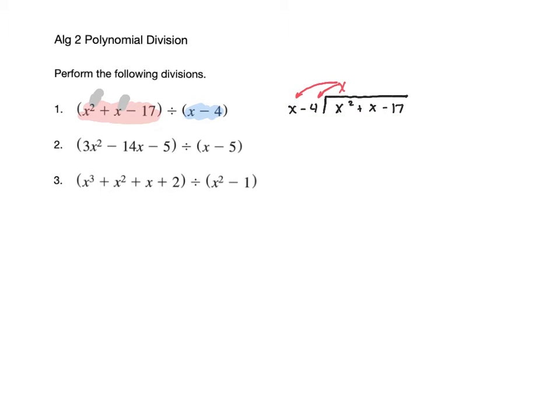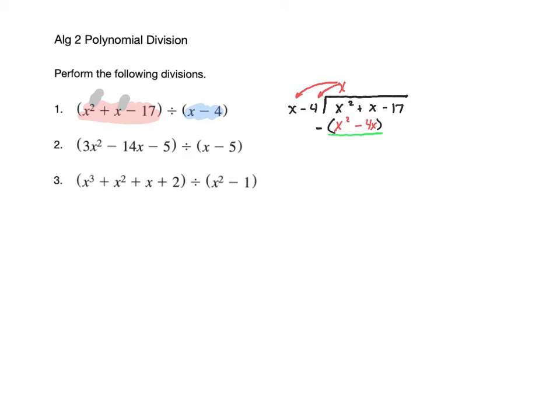The result, x times x, is x squared, lining it up underneath the x squared. And this is x times a negative 4, so that's a negative 4x. We draw a line underneath those two and put parentheses around it because we have to subtract that entire line, just like in long division.